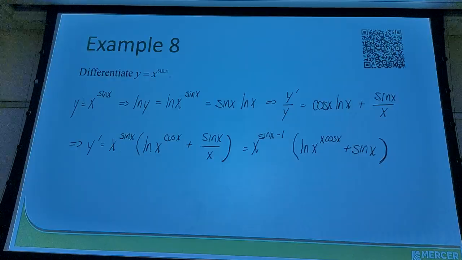I could also factor out 1 over x. And then it'd be x log of cosine x, which is just log of cosine x to the x. Same base, you subtract the powers, right? So x to the sine of x over x would just be x to the sine of x minus 1. So you could write it that way as well.